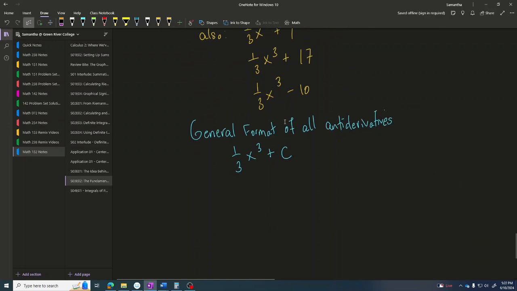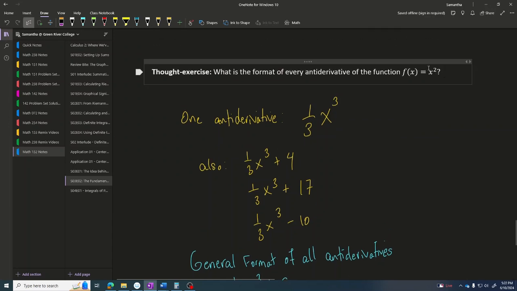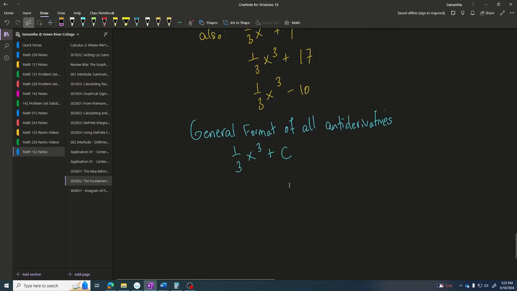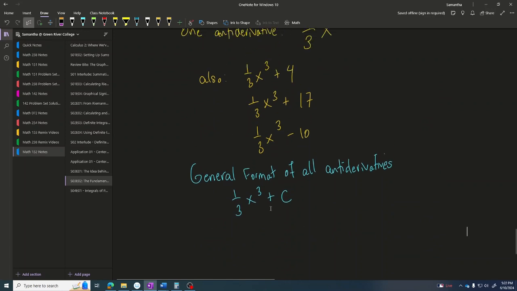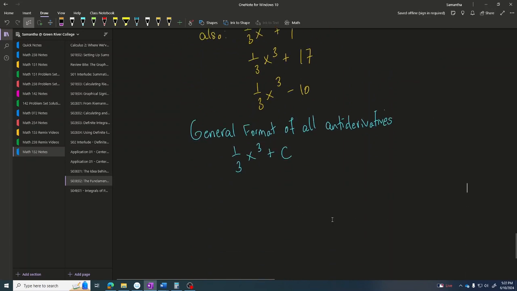It doesn't matter what the constant is. No matter what constant you add here in the back, the derivative of this expression will still become x squared. So this expression represents all possible antiderivatives of this function, one antiderivative for every possible value of c.